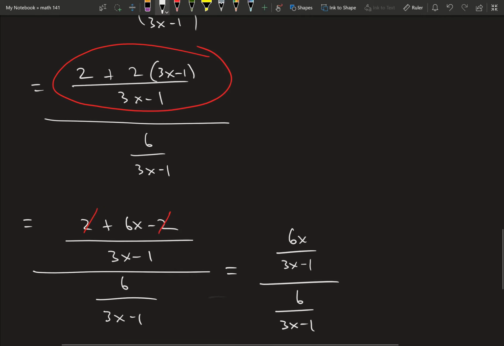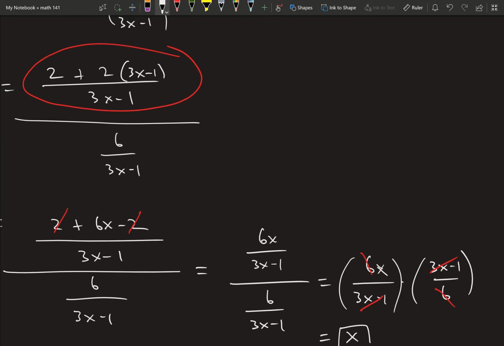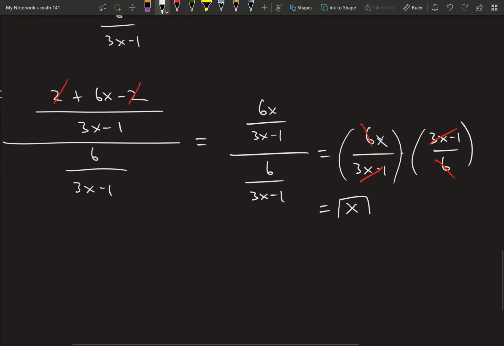If you have a fraction over a fraction, it's the numerator multiplied by the reciprocal of the denominator. And so the 3x minus 1 cancels with the 3x minus 1. The 6 cancels with the 6. And we are left with x as desired. Okay, so that was the exercise that I left from last time.